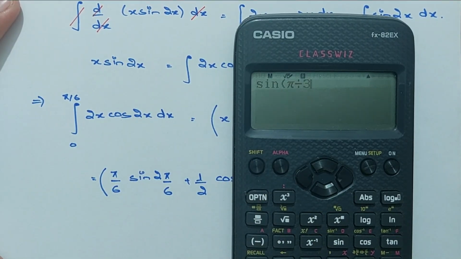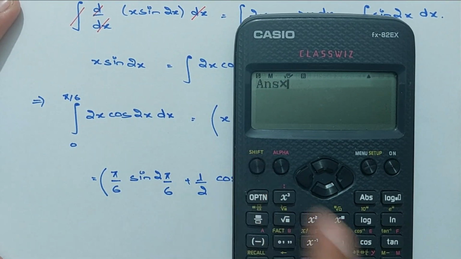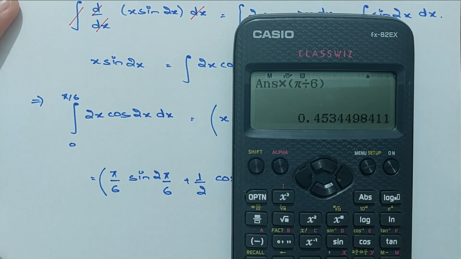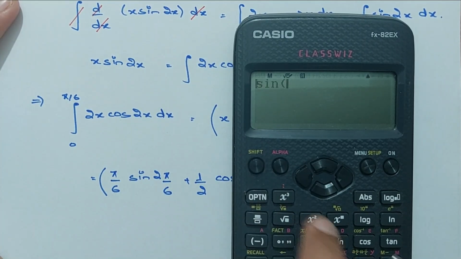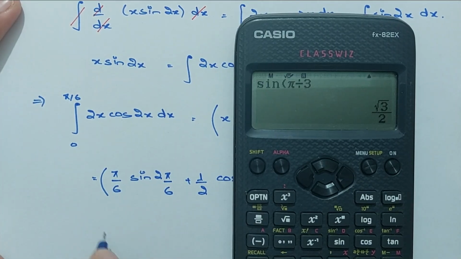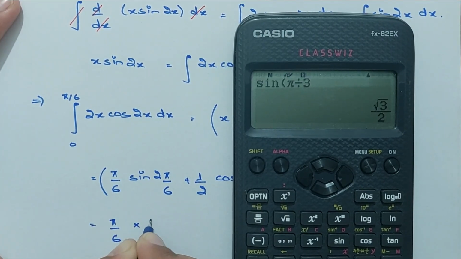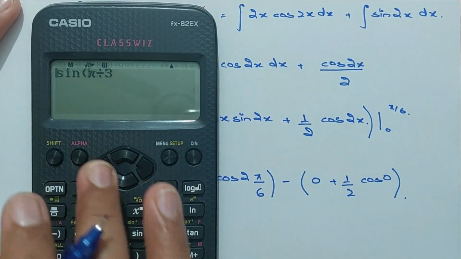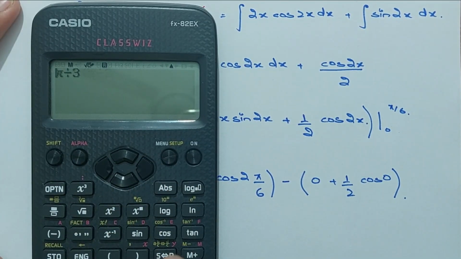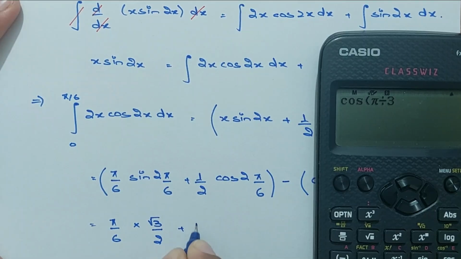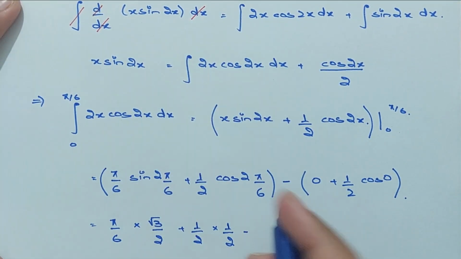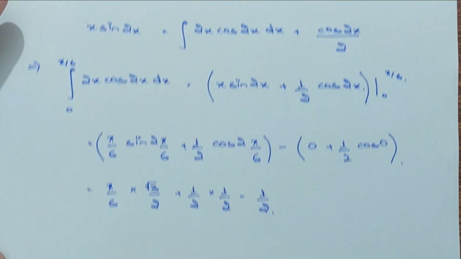Sine pi by 3 is square root of 3 by 2. So pi by 6 times square root of 3 divided by 2, and cos pi by 3 is 1 by 2, so plus 1 by 2 times 1 by 2, and minus cos of 0 is 1, so it's negative 1 by 2.